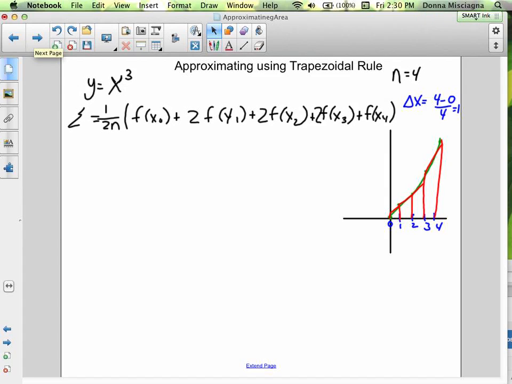Even though my graph's not drawn to scale, you get that sense even with my makeshift graph. So the values are pretty easy: 0 cubed is 0, 1 cubed is 1, 2 cubed is 8, 3 cubed is 27, and 4 cubed is 64. So those are the values there.